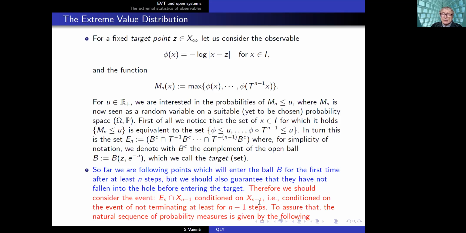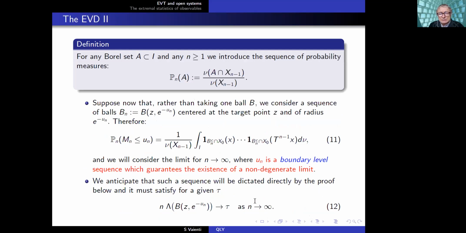Okay, so the question is now, can we weight these points with some probability measure? Because the idea now is to look at the distribution of the observable, of this maximum. But in order to study the distribution of this maximum, we need some probability which takes into account the fact that the points which we want to target are still on the surviving set, at least for n steps.